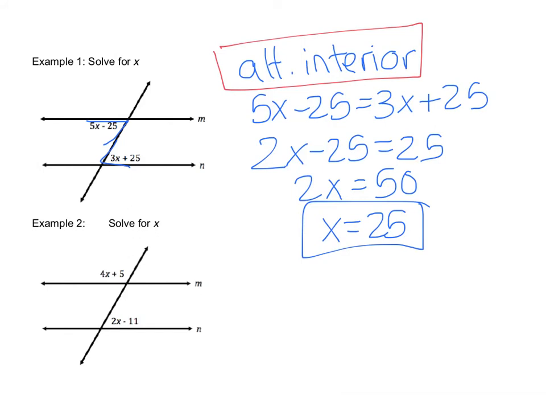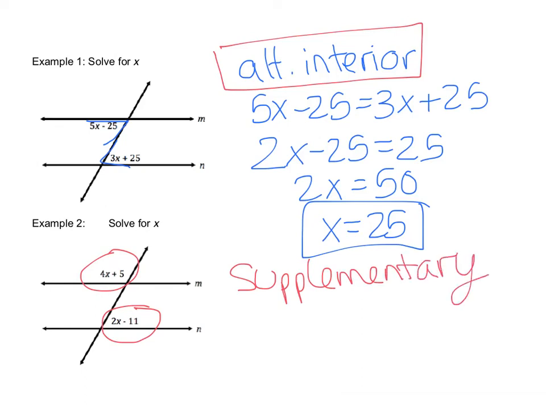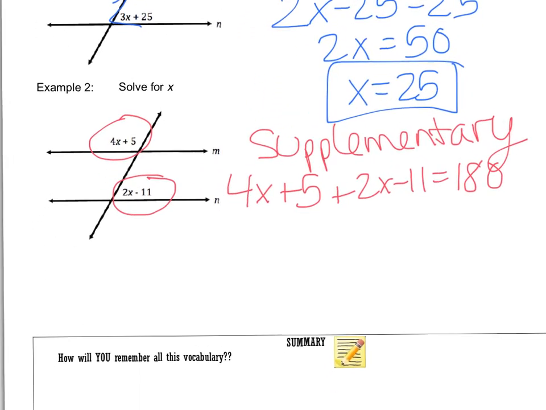For example 2, when we want to solve for x, we know that this angle and this angle are supplementary. So that means that they add up to 180 degrees. So we're going to do 4x plus 5 plus 2x minus 11 equals 180, and then solve for x from there.